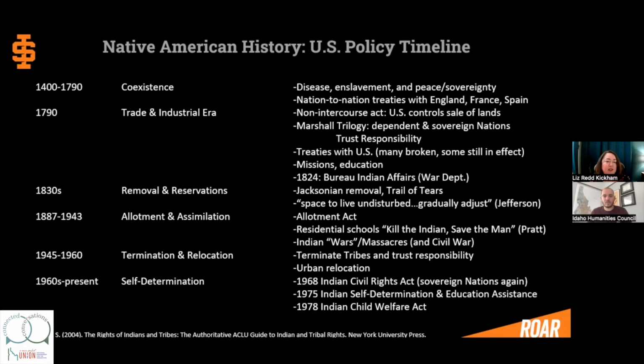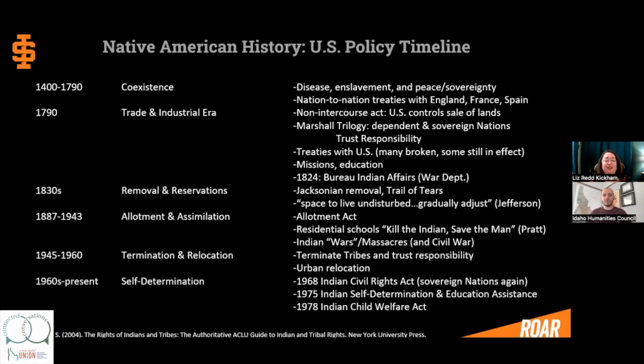There was disease that wiped out significant numbers of Native peoples. And then there was a period of relative peace with Native nations being sovereign nations and entering into treaties with the colonial governments. And then in the 1790s, we move into this era called, in Pavar's terms, the trade and industrial era.